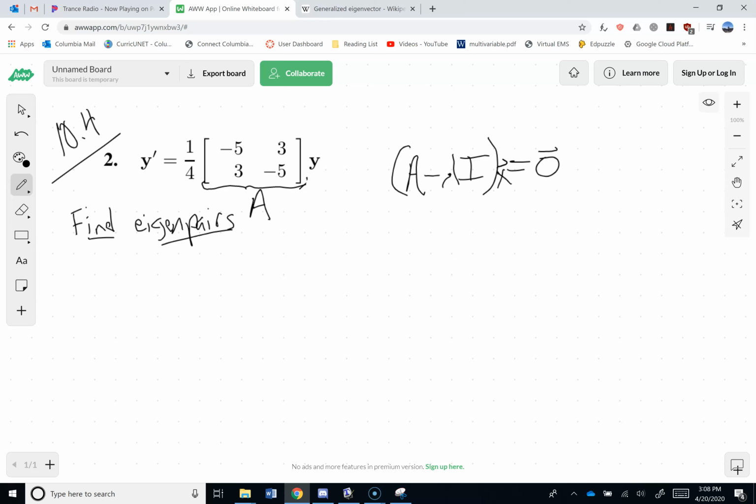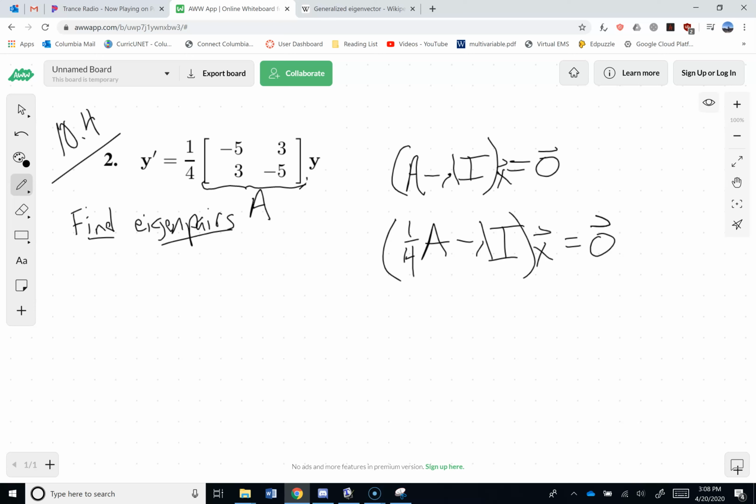That's what it means for lambda and x to be an eigenpair. And if I think about this other matrix, a quarter times A minus lambda I times x equals 0, that really feels like lambda is going to be different in that case.